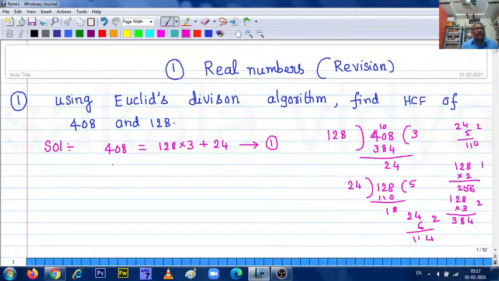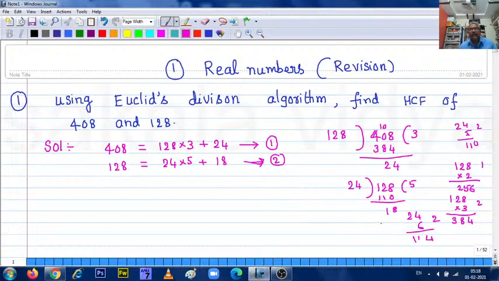So that means 128 can be written as 24 into 5 plus 18. Say this is equation 2.